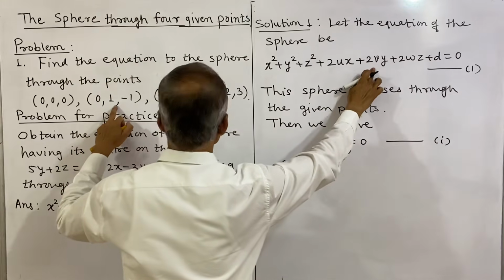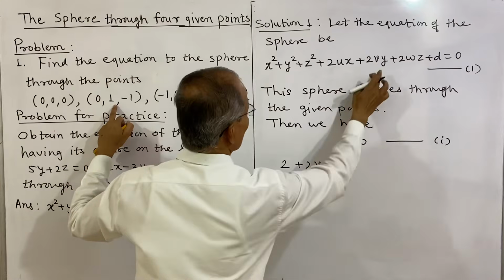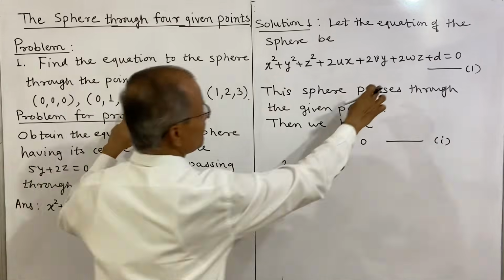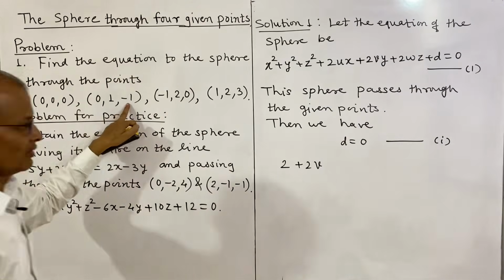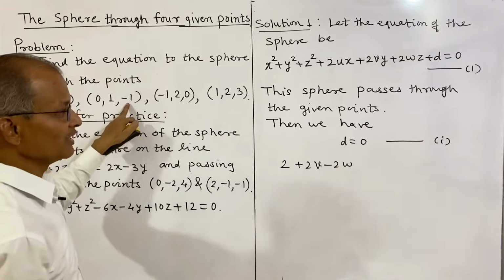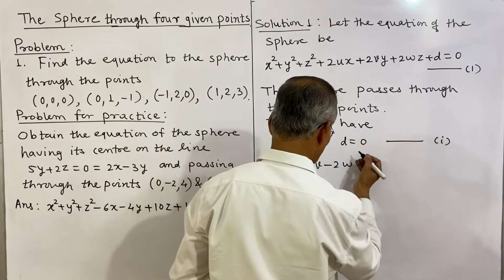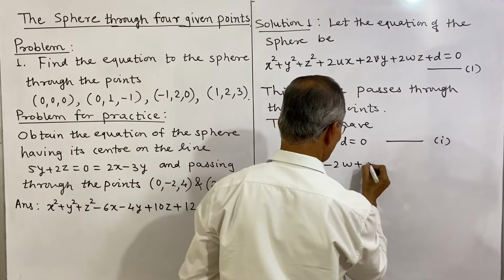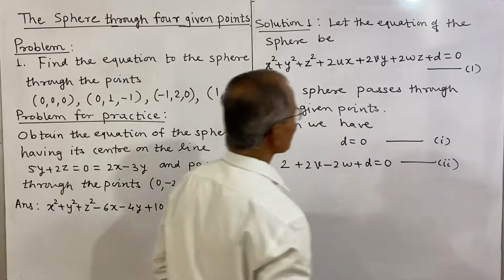Then 2vy, y is 1, so the next term will be 2v. And next 2wz, z is -1, so that will be -2w. And last is d, d is 0, so this term will be plus d is equal to 0. That is our second equation.